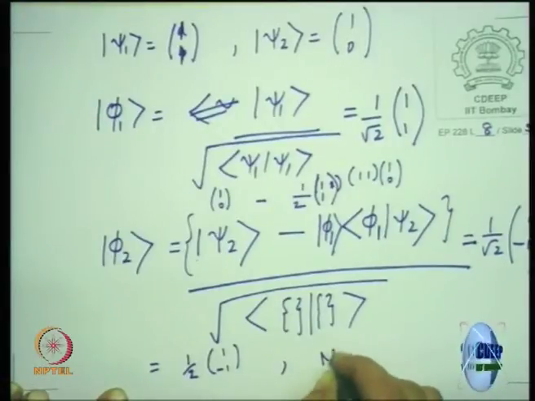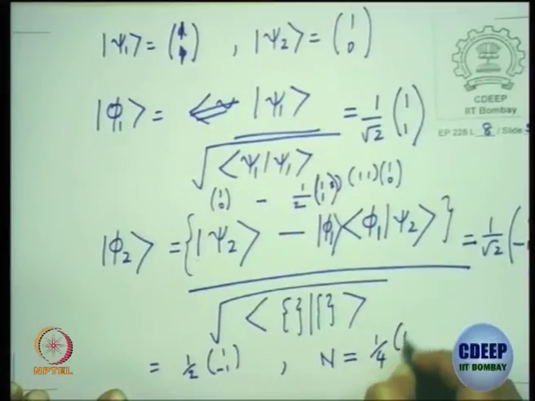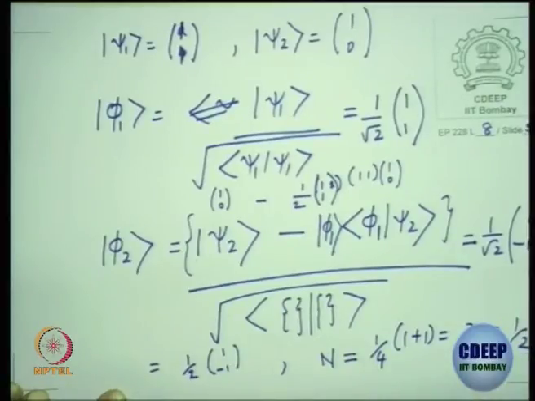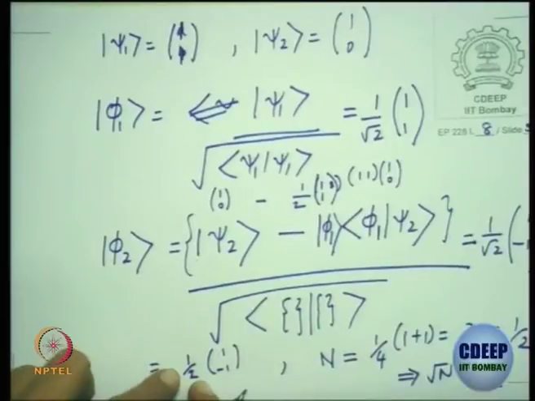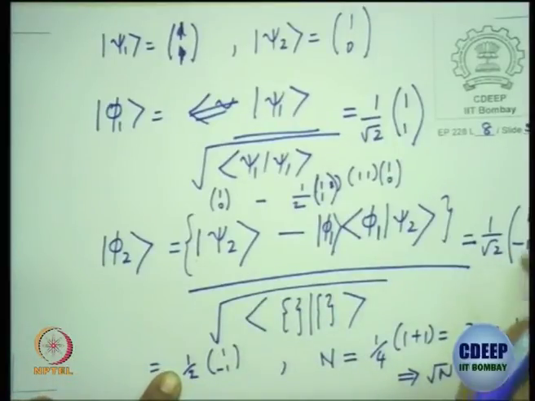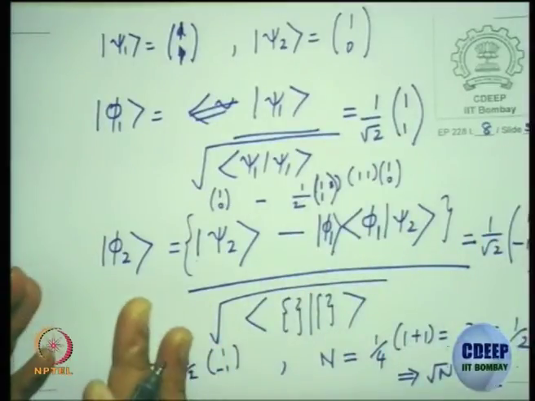Normalization. 1 by 4 plus 1 by 4, which is 2 by 4, which is 1 by 2, implies square root of N is 1 by root 2. So, you get the state is 1 by root 2 times 1 minus 1. It's very simple. Try to do it for a simple example like this and get a feel of it.